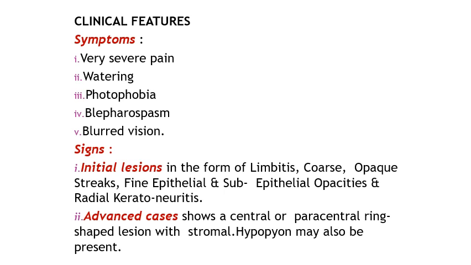Adjacent to that there will be fine epithelial and subepithelial opacities. As the disease progresses, you may see a peripheral, central or paracentral ring-shaped lesion, which may extend completely to form a ring ulcer. Associated with that, you can see hypopyon in the anterior chamber.